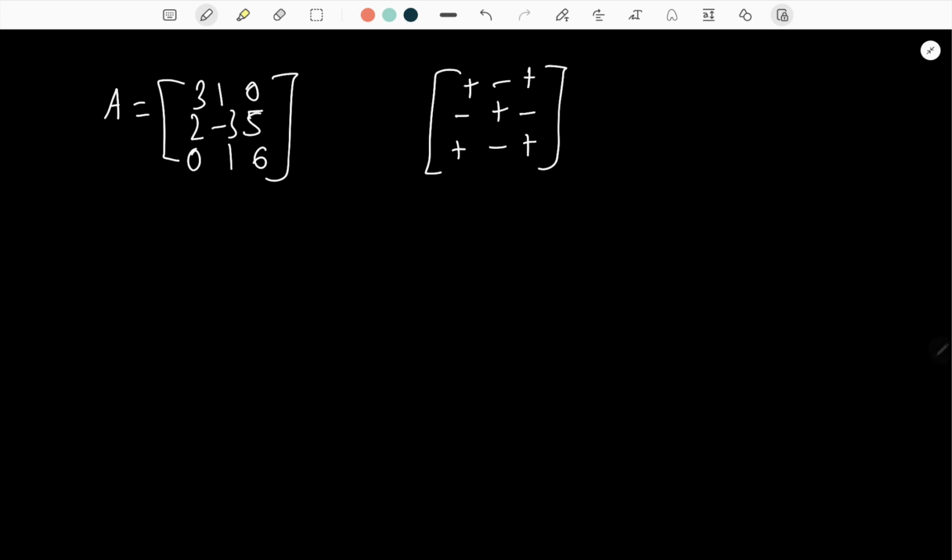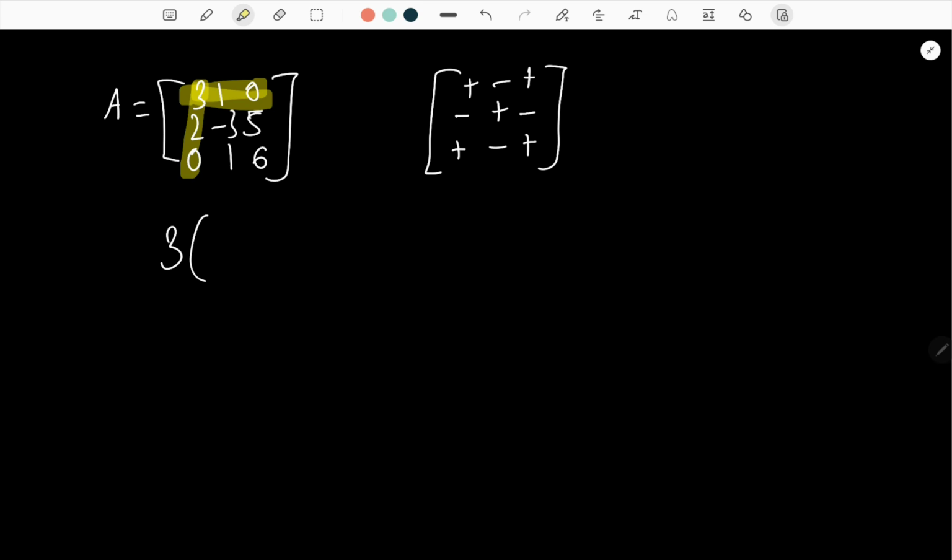So let's choose the first row, which is 3, 1, 0, and let's start with this. First thing we'll do is write 3 and then open brackets, and now we have to cross out this row and column. What is left? Negative 3, 5, 1, 6.